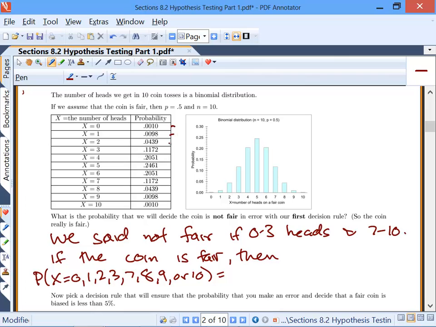So that's 0.001 plus 0.0098 plus 0.0439 plus 0.1172 plus 0.1172 plus 0.0439 plus 0.0098 plus 0.001.